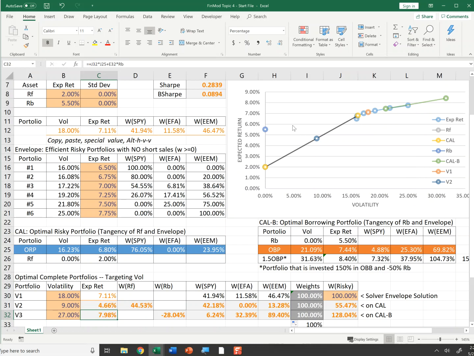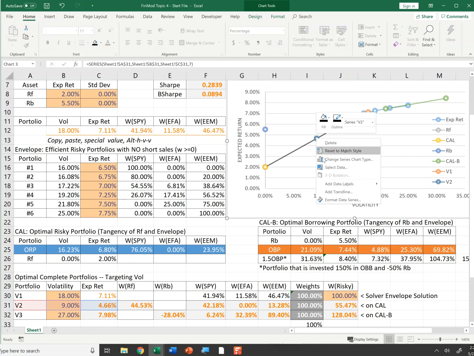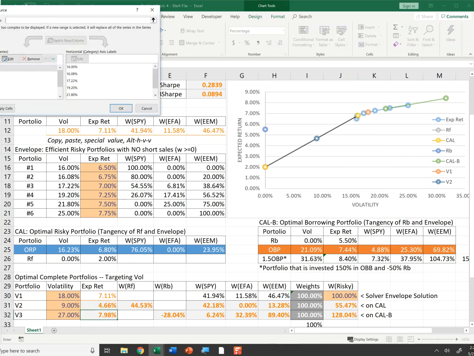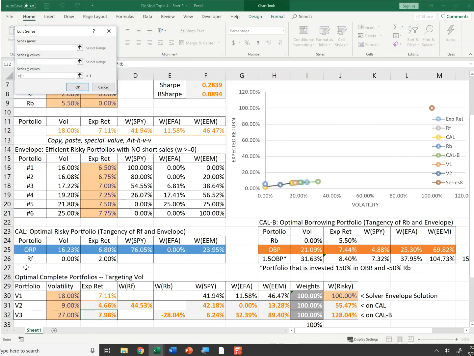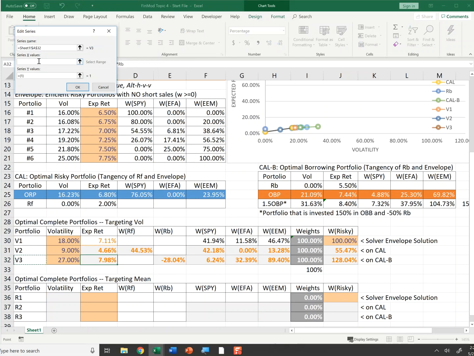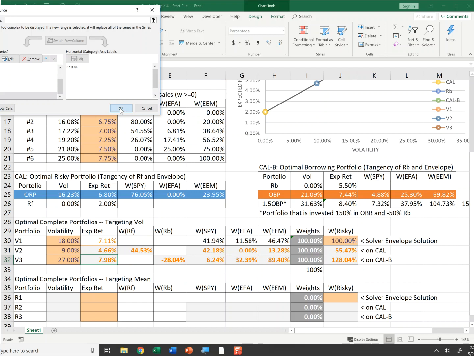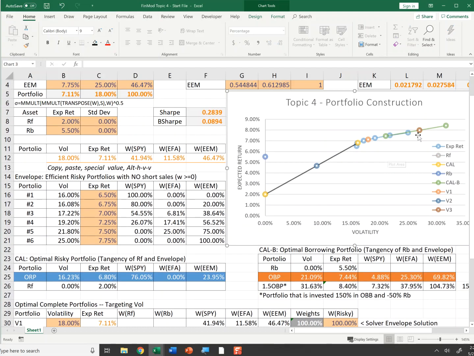So let's go ahead and do that. Select data. Add, we'll call this V3 with a volatility of 27 and an expected return of 7.98. And there it is, right at 27% on this line.